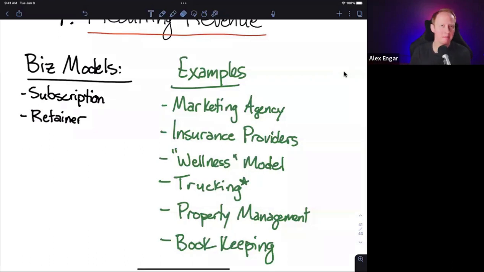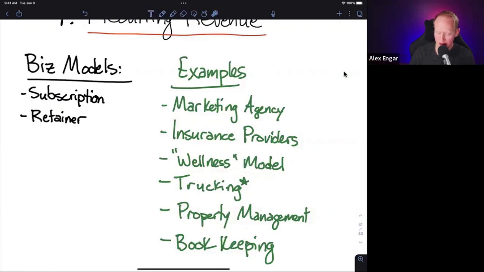So examples of these businesses, it might be a marketing agency, right? Oops. We've got some podcasters in here. We got Nate, right, who runs a podcasting agency. We have a number of other marketing agencies actually coming on right now. And so that's one. Insurance providers, we talked about that. If you're in the healthcare space, then it might be that you have a wellness model, right? It's like, oh yeah, they're on the wellness plan. So they're coming in every month for their sort of check-in or checkup.